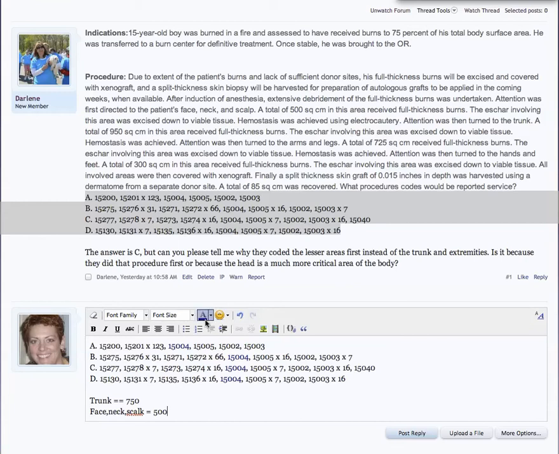Attention was then turned to arms and legs for 725. Attention turned to the hands and feet for 300. Poor guy.